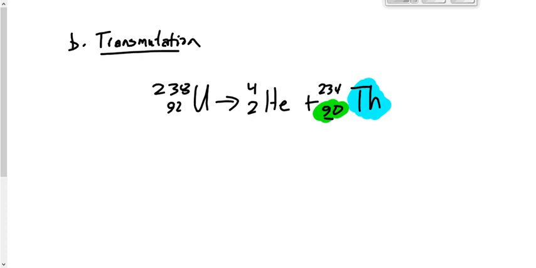Next one. I got 3 of them here. Carbon-14 decays by beta decay. I could write 0 minus 1 beta, or 0 minus 1 e, doesn't really matter. Plus what? 0 plus 14 gives me 14. Minus 1 plus, what is it here? Is it 5 or is it 7?